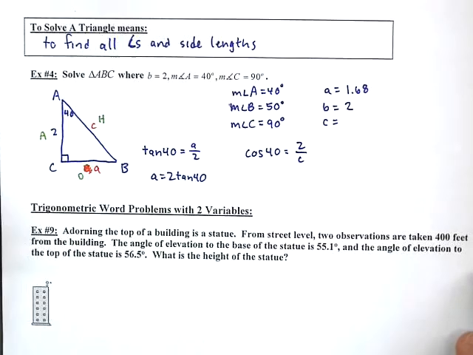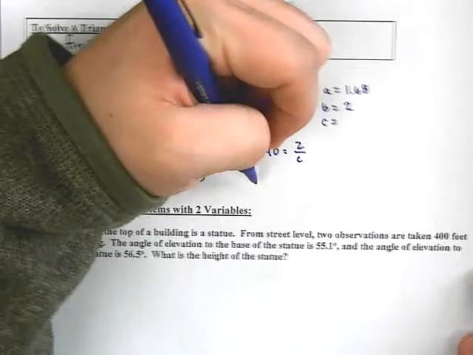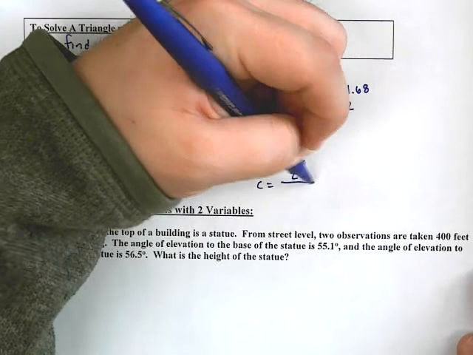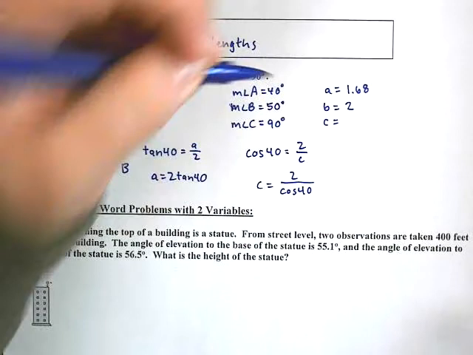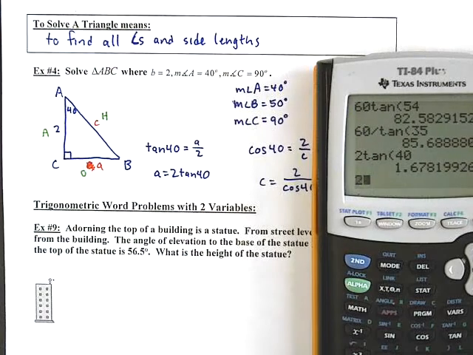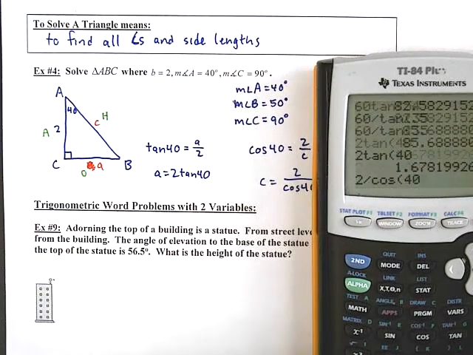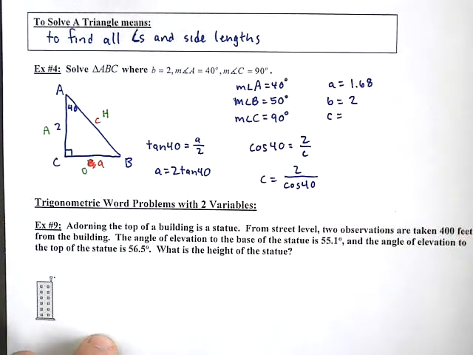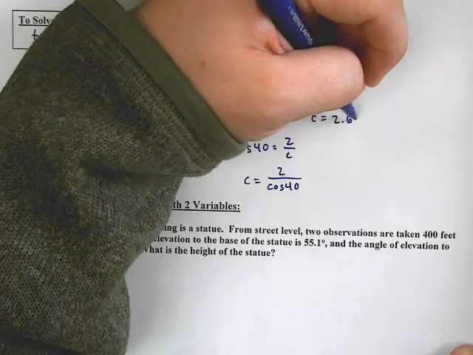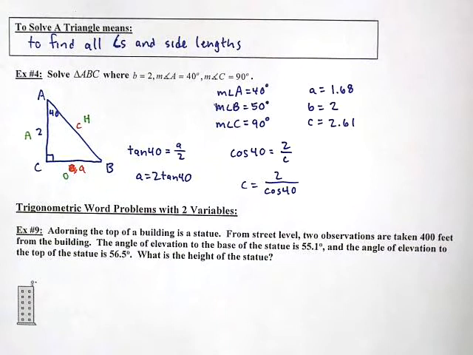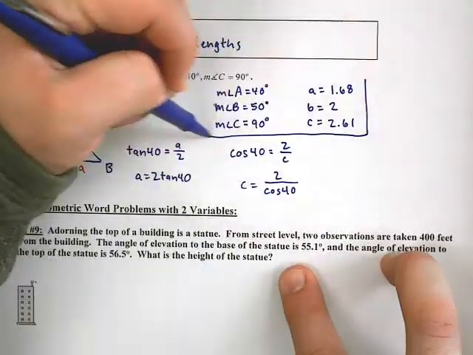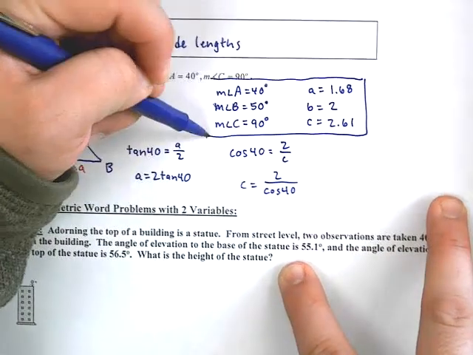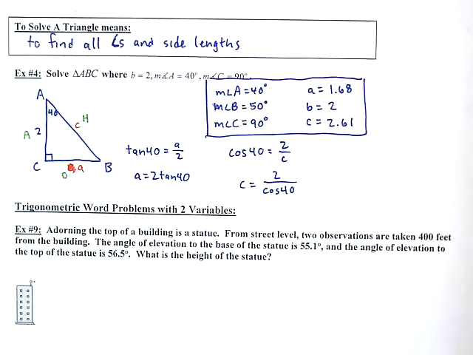So c is equal to 2 over cosine 40. 2 divided by cosine 40 is 2.61. And that would now be solving the triangle. We have every angle measure, and we have every side length.